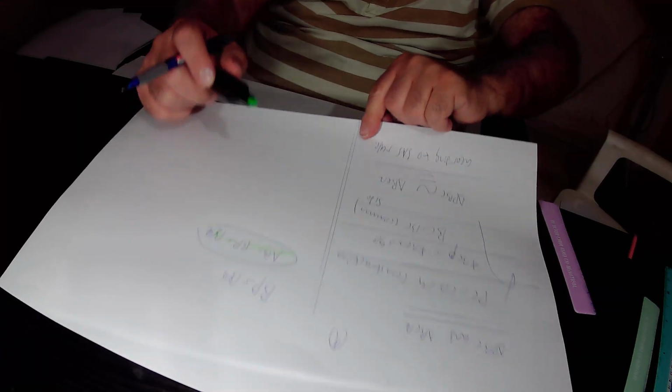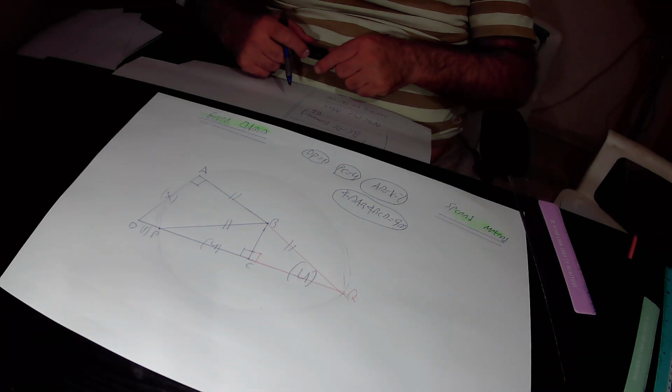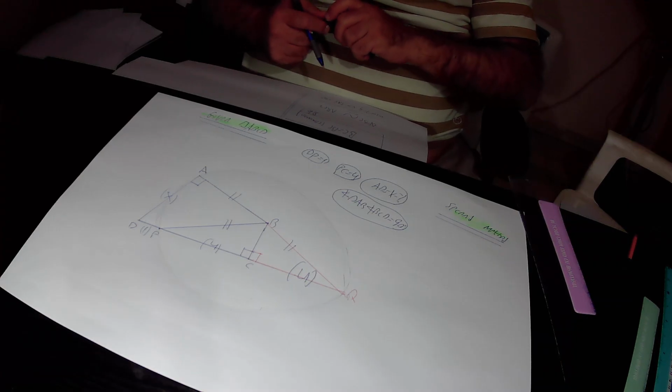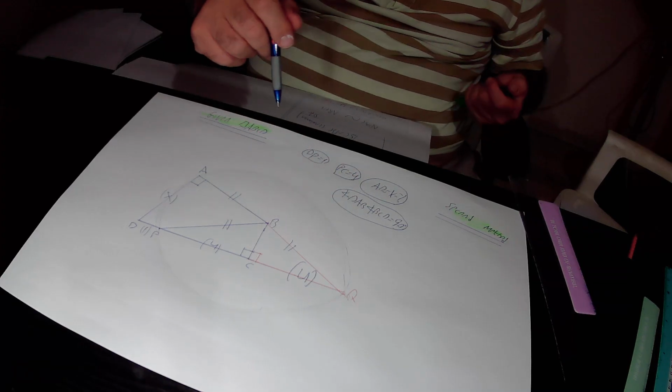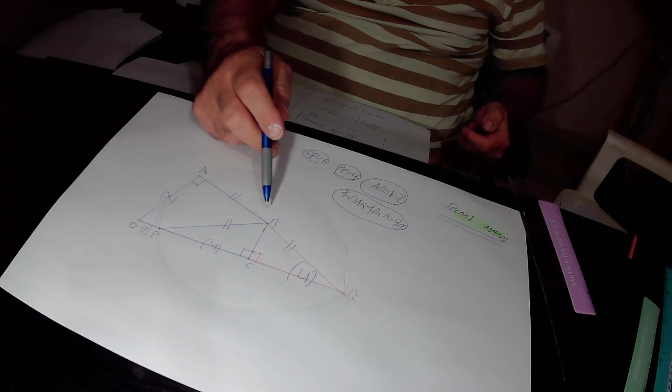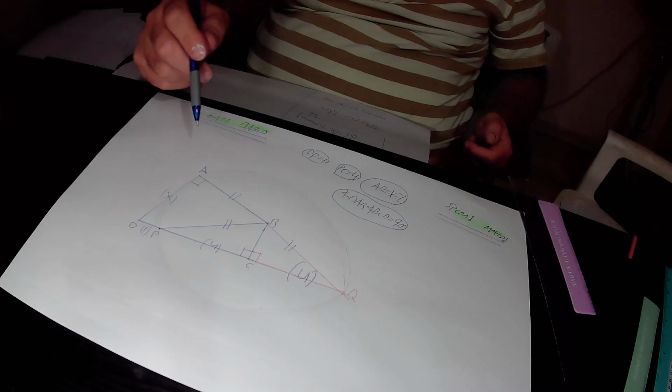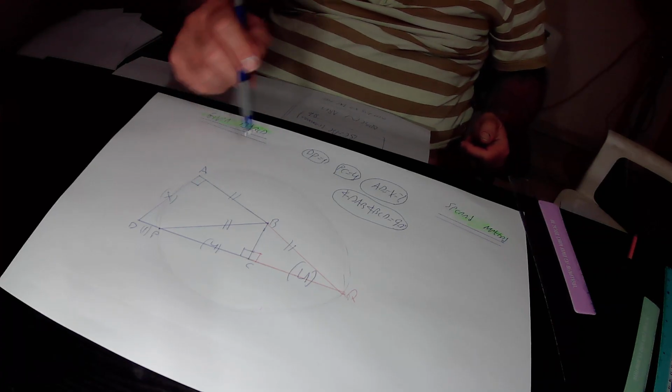In the next step, we will do a construction. This is to say, we will draw a circle around point B in such a way that point B will be the center of the circle and AB will be the radius of this circle.